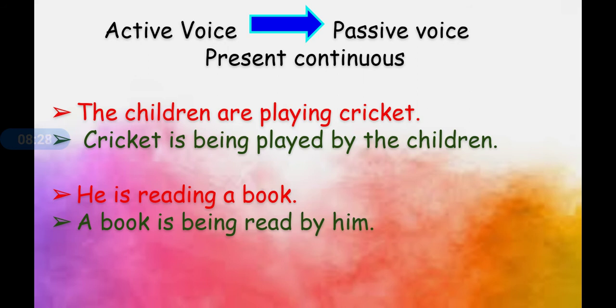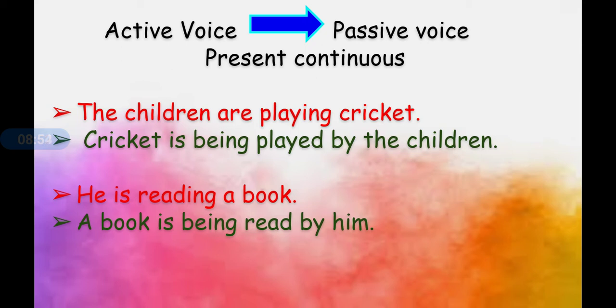Let us know how to convert a sentence from active voice to passive voice when the sentence is there in present continuous tense. For example, the children are playing cricket. Here, subject is the children and object is cricket. We have to make object as subject. That is, cricket will become subject in the passive voice.